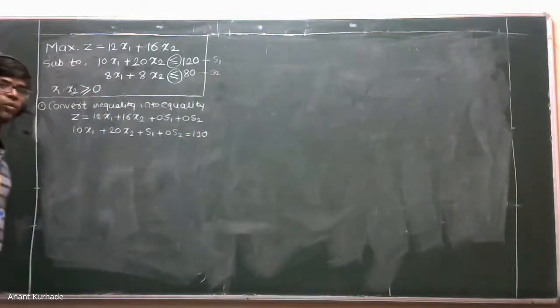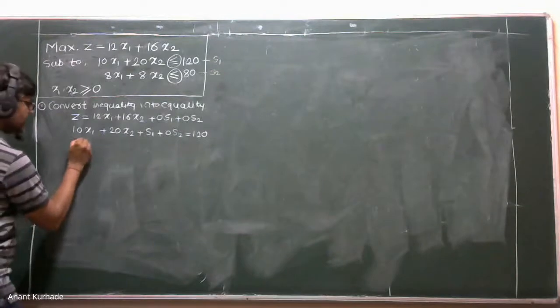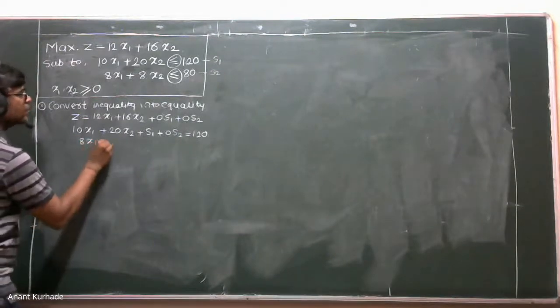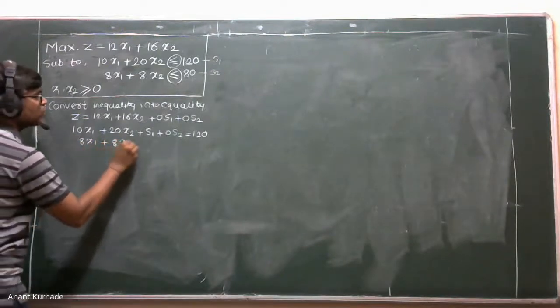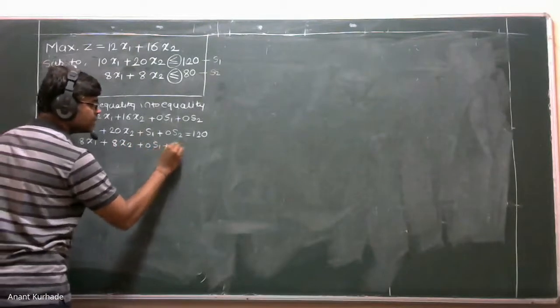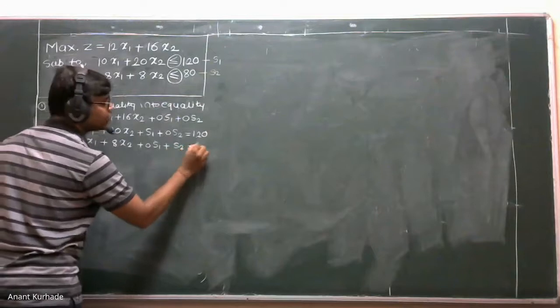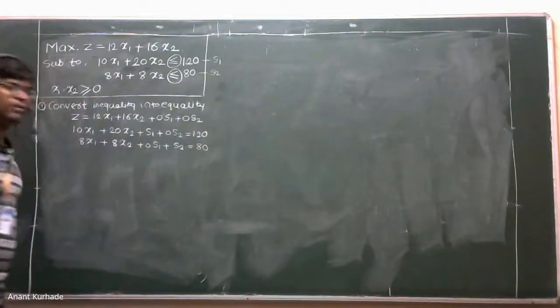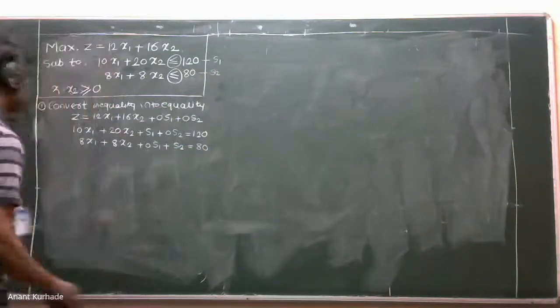And the second equation: 8x1 plus 8x2 plus 0S1 plus S2 is equal to 80. Up to this we can get 2 marks, remember.